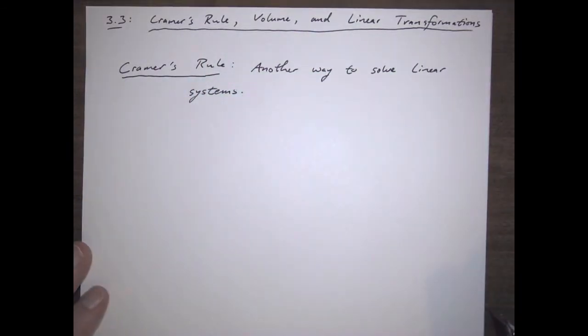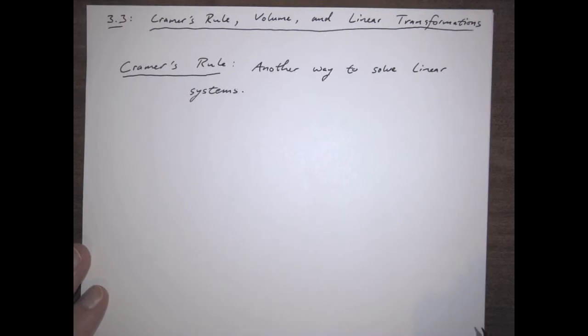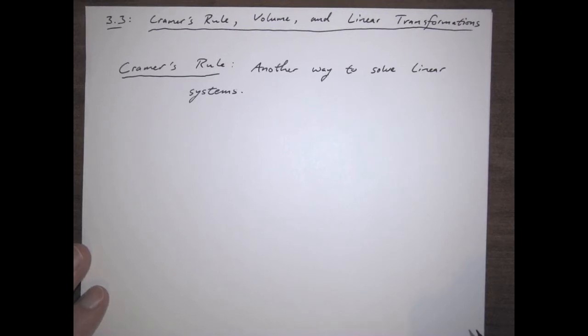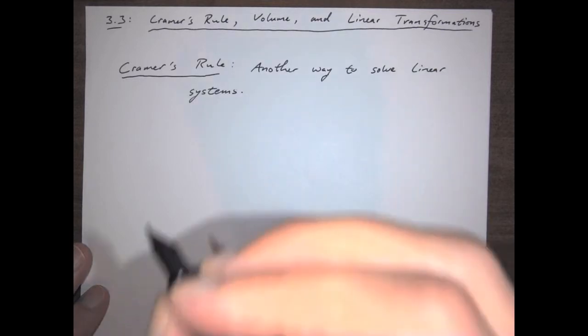Now, this may seem unnecessary, and for the most part it is, because the row reduction technique that we've been doing is the gold standard of ways to solve systems of equations. However, if what we're talking about is very specific cases, Cramer's rule is sometimes quicker and oftentimes a lot easier to do than row reduction.